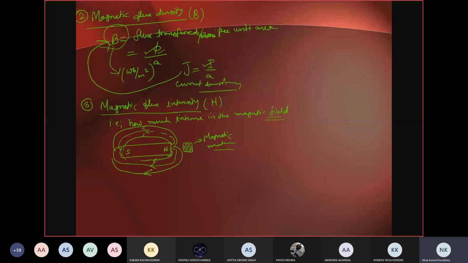So H is equal to NI by L, से दिया जाता है, where N is your number of turns of conductor winding, ठीक है.